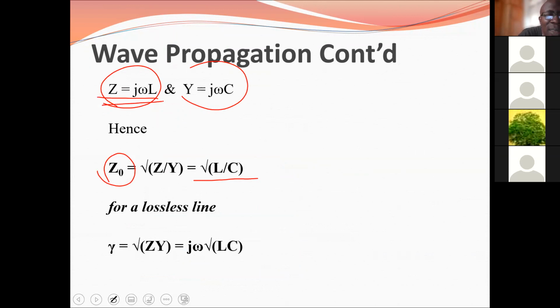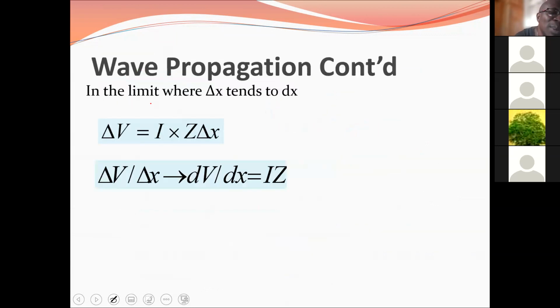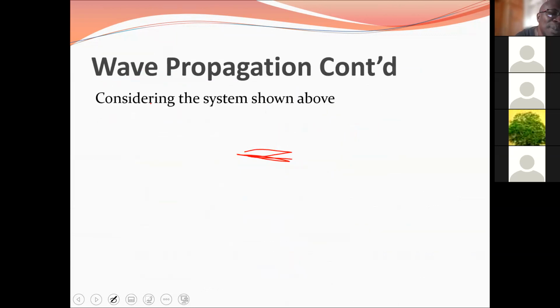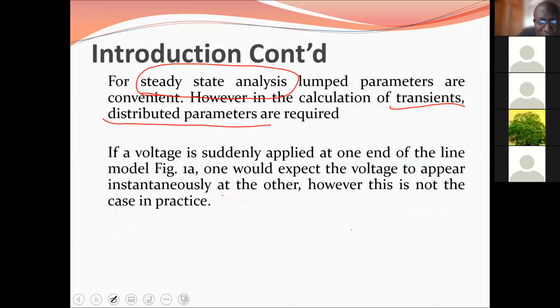So what I'm doing here, we even go further back. Go back to your diagram. Z and Y, impedance and admittance. The Z would be based on inductance. Your Y, capacitance. Remember the pi model?